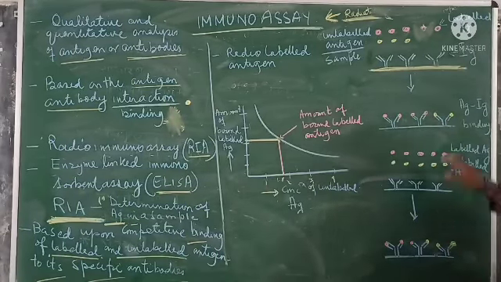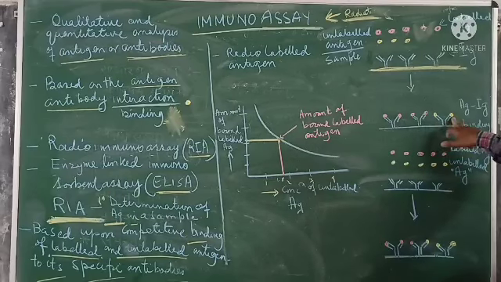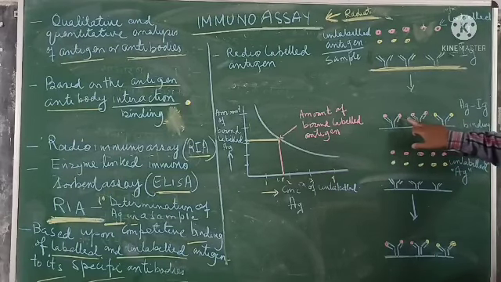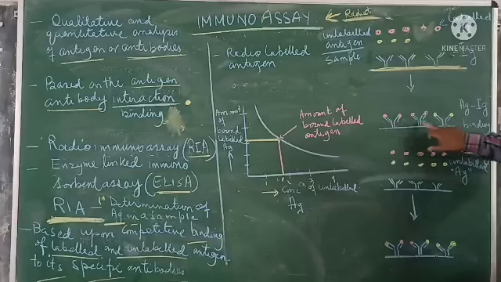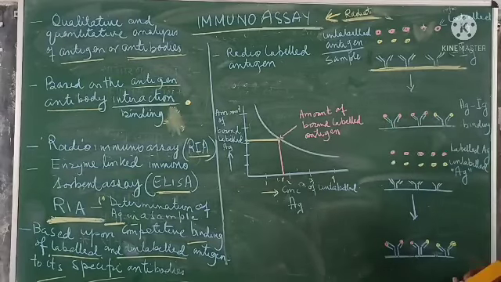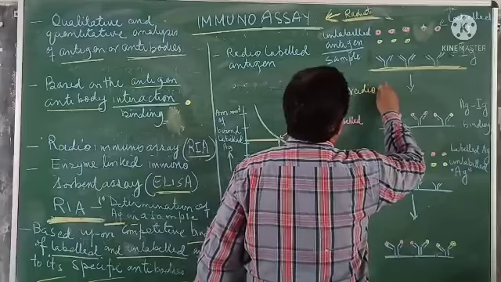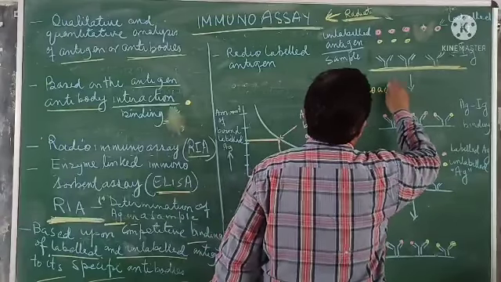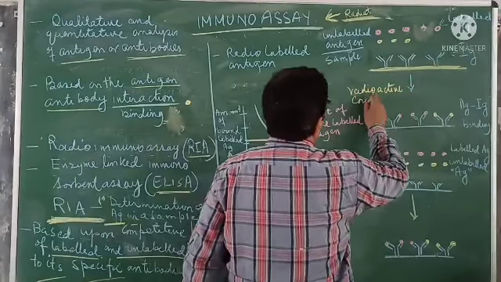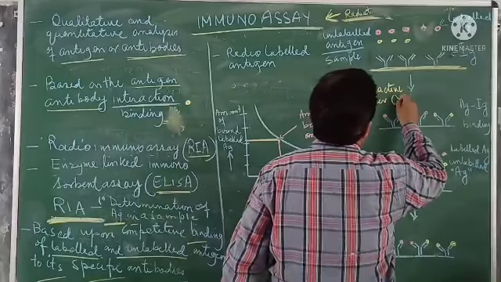We cannot estimate the unlabeled antigen, but we can estimate the labeled antigen using a radioactive counter like a gamma counter.